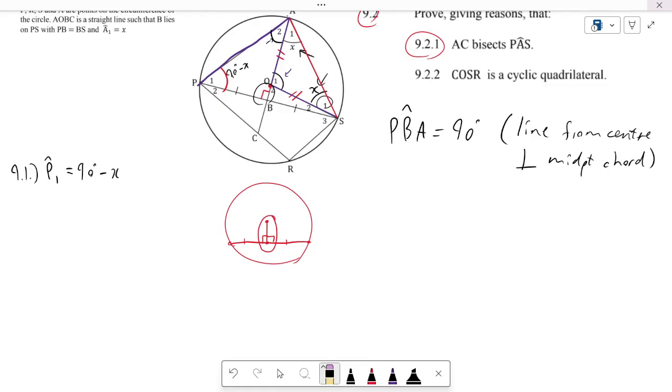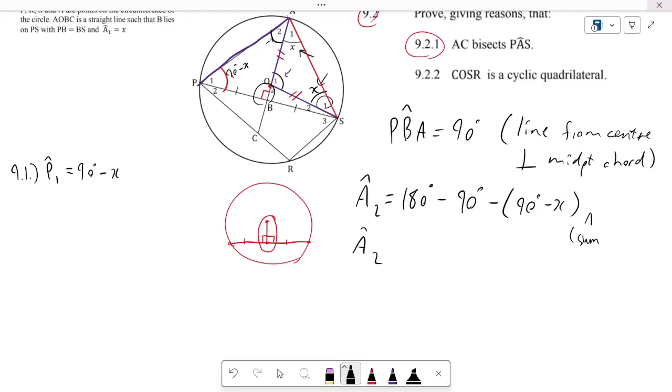So we're going to find angle A2, and angle A2 is equal to 180 degrees minus the other angles that we know, which is going to be 90 degrees, and then minus our other angle, we're going to keep it in brackets, 90 degrees minus x. And now we simplify even further. And our reason over here is going to be the sum of angles in triangle. Okay, that is our reason.